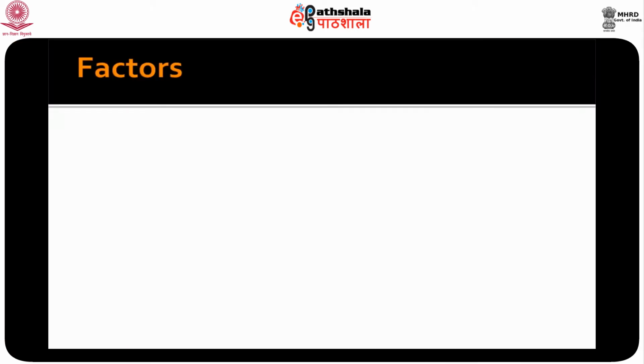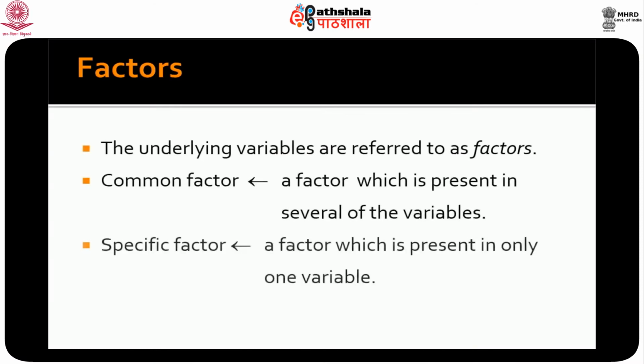I will give an example for this, and in the subsequent classes we will be looking into greater details of the factor analysis model. An alternative technique to the principal component is the factor analysis. This is also a dimension reduction technique, but as you will see, it works in the reverse direction of the principal component.